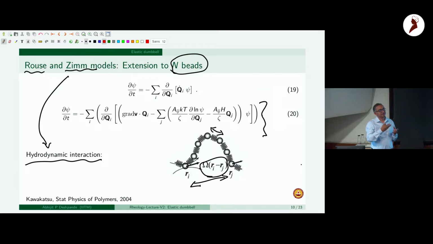Even at 10% or 30-40% polymer volume fraction, you would start seeing interpolymer interactions and other bonded and non-bonded interactions playing a much bigger role compared to the hydrodynamic interaction. So it's only for the dilute system where hydrodynamic interaction is extremely important. Okay, thanks.